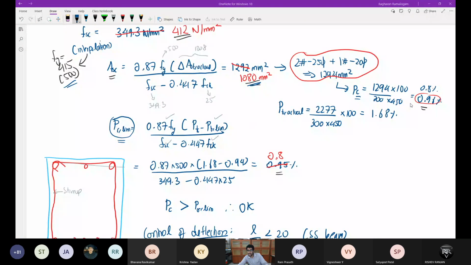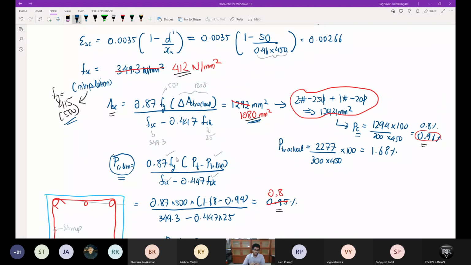Okay. We are getting 0.8 or something lesser than 0.8 here. PC limit is 0.955 we are getting, sir. Oh, PC limit is coming 0.955.